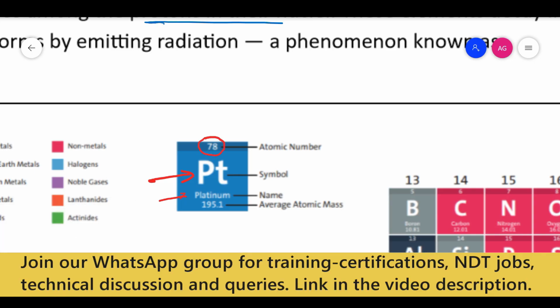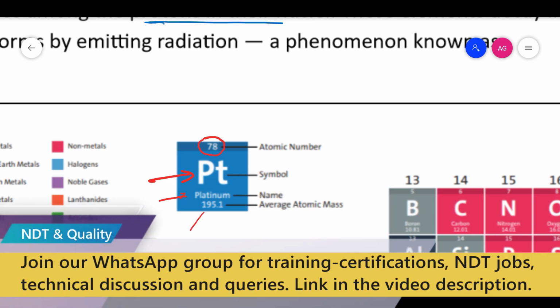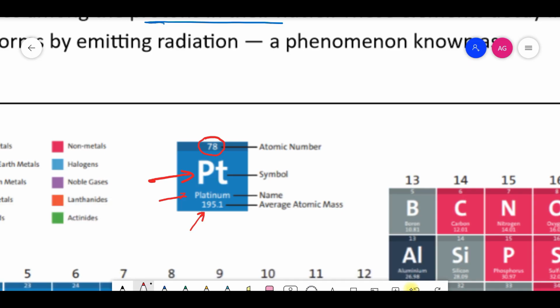It is 78 and if you see below, 195.1 is written, so this is called the average atomic mass. Atomic mass means the weight of the material, you can consider it. Actually mass and weight are different, but if you calculate the mass of anything, then it will be called weight. So now we will use the word atomic mass.